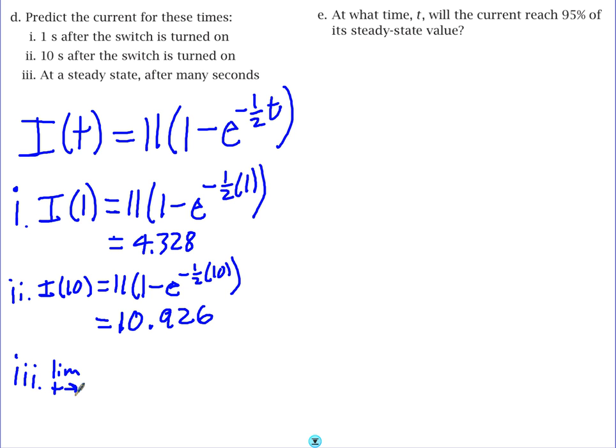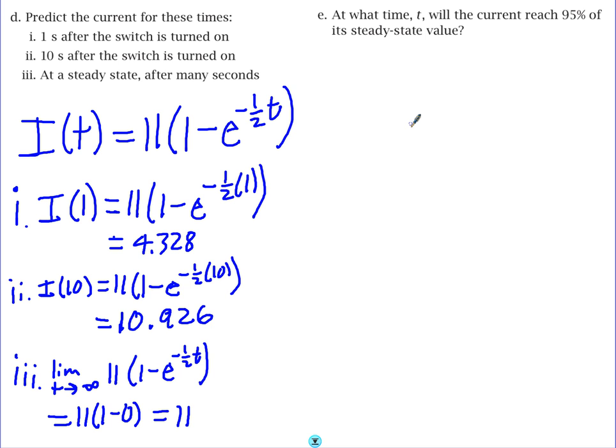Let's just take the limit as t approaches infinity of this equation here, 1 minus e to the negative 1/2 t. We're going to have e to the negative 1/2 times infinity, which is negative infinity. So e to the negative infinity, that's going to be 0. So 11 times 1 minus 0. Looks like that's going to be 11. So at some point, it's going to approach 11 amps and just kind of stay there.